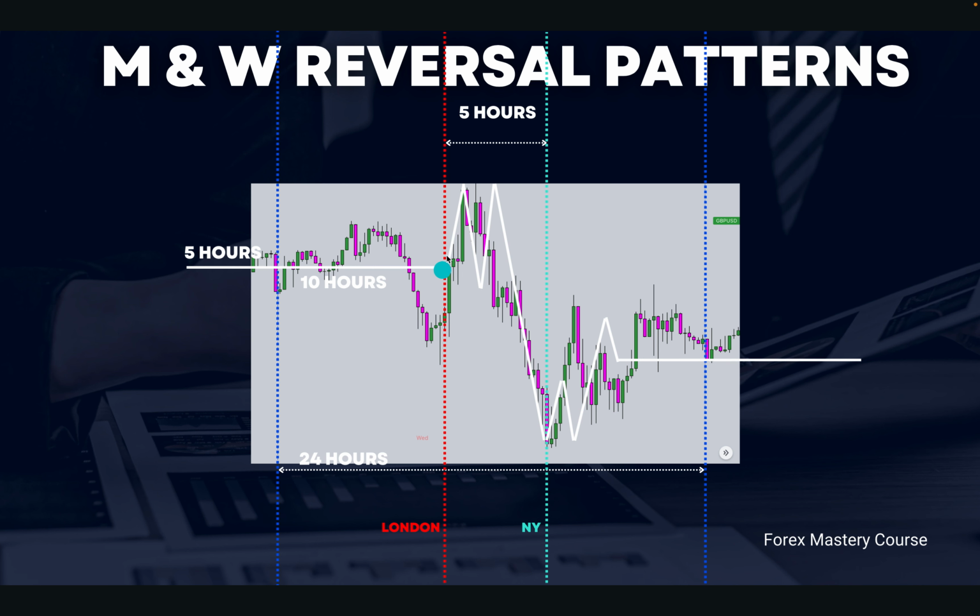The market comes to break out of this consolidation, break out to the highs, form a little M formation off of the high, and then comes back down to these lows. New York session kicks in 5 hours after London session, and we have the low of the day being made, a W formation off of that low of the day, and then retraces off the low of the day and kind of ends the day in consolidation here.